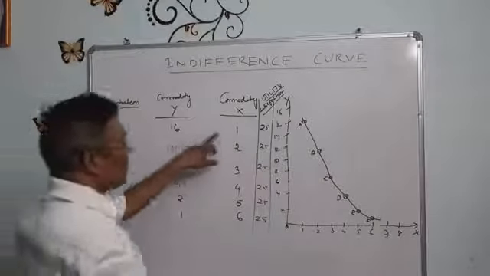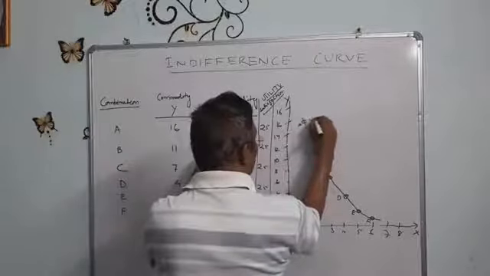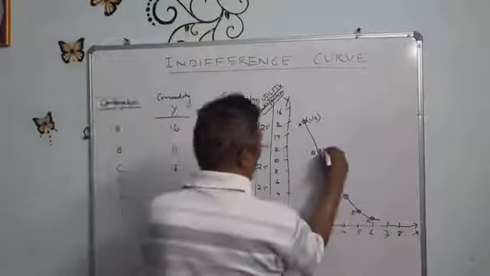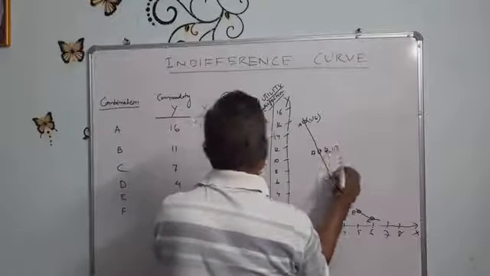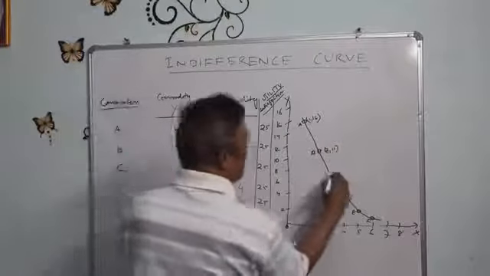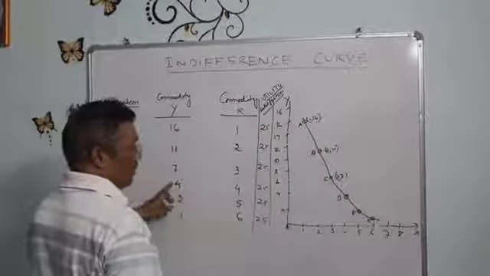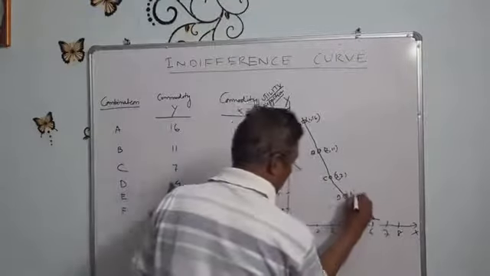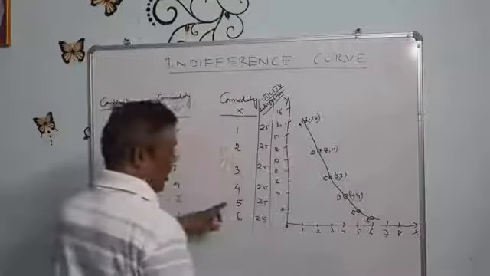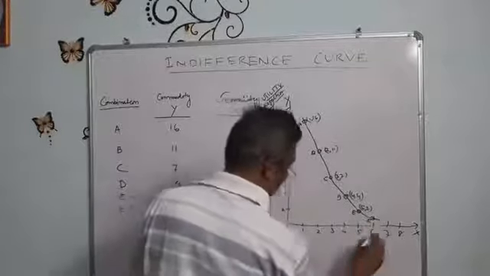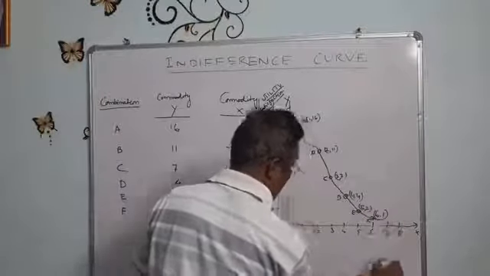A is the combination 1, 16. B is the combination 2, 11. C is the combination 3, 7. D is the combination 4, 4. E is the combination 5, 2. And F is the combination 6, 1.